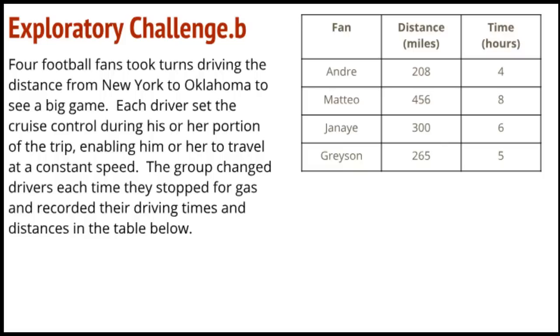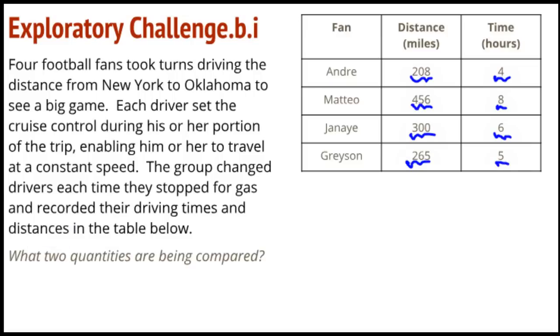So taking a quick look here, we see that Andre traveled 208 miles and it took him 4 hours. And Mateo traveled 456 miles and drove for 8 hours. And Janae drove 300 miles and traveled for 6 hours. And Grayson drove 265 miles for 5 hours. So the question is, what quantities are being compared? What is our ratio comparison here?